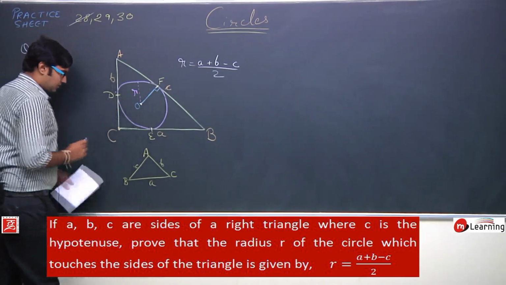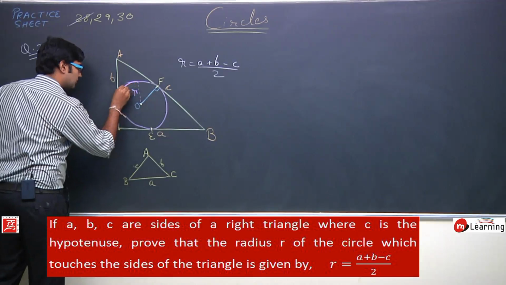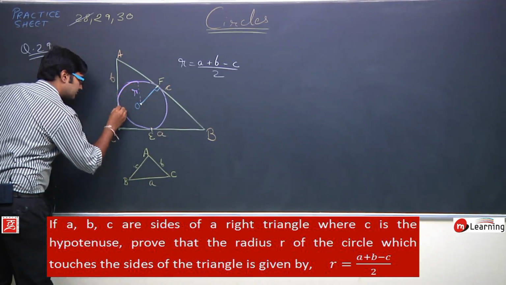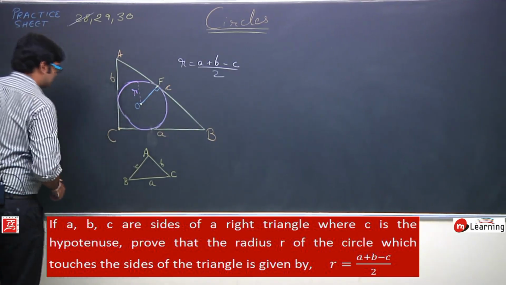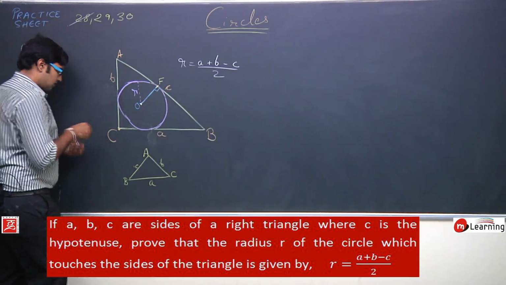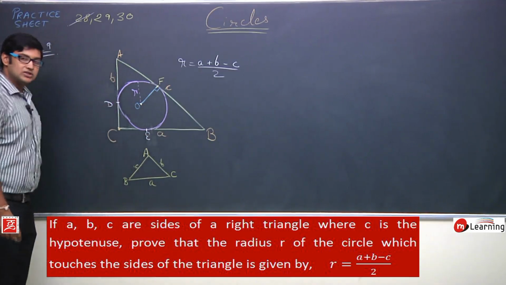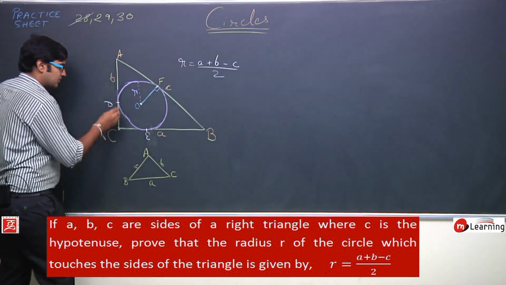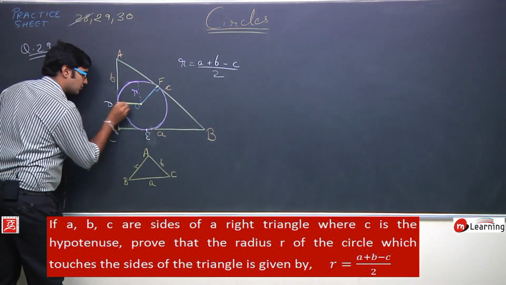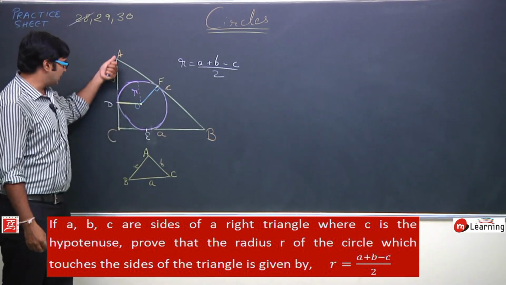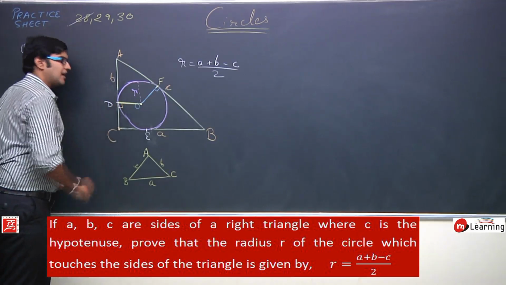Similarly, let us draw this circle like this. Now this is the point E and this is the point D. If I join O with D, OD is the radius and ADC is the tangent to this circle, then this angle will be 90 degrees.